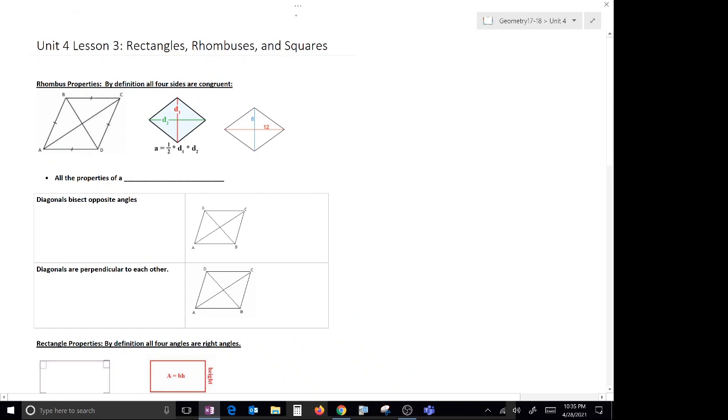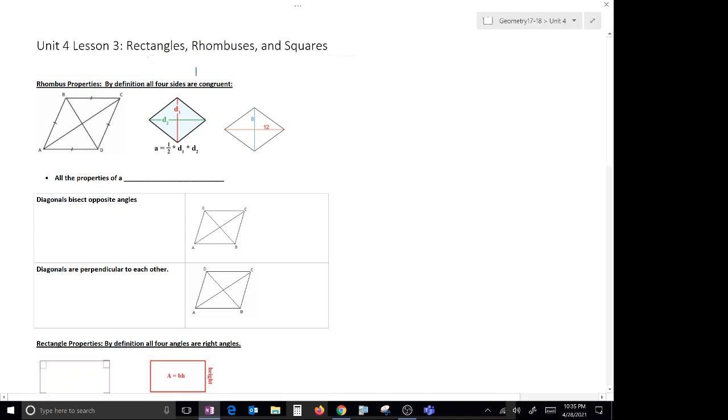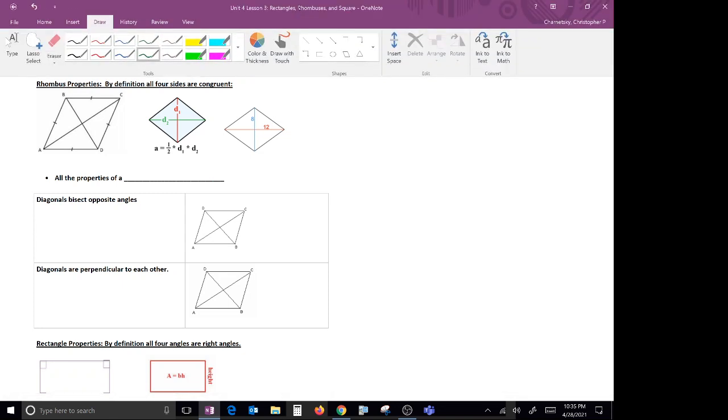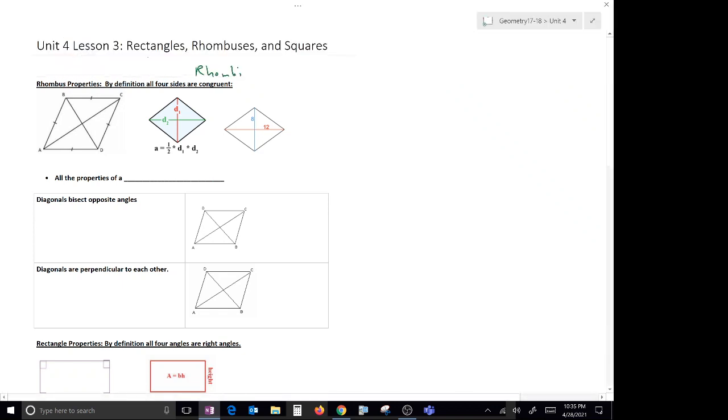A rhombus, by the way, the plural of a rhombus, rhombuses, you could also say rhombi, that is grammatically correct, whichever one you prefer. Now, since a rhombus is part of the parallelogram tree, it's going to have all the properties of a parallelogram. So all those properties that we just talked about, they are also true for a rhombus.